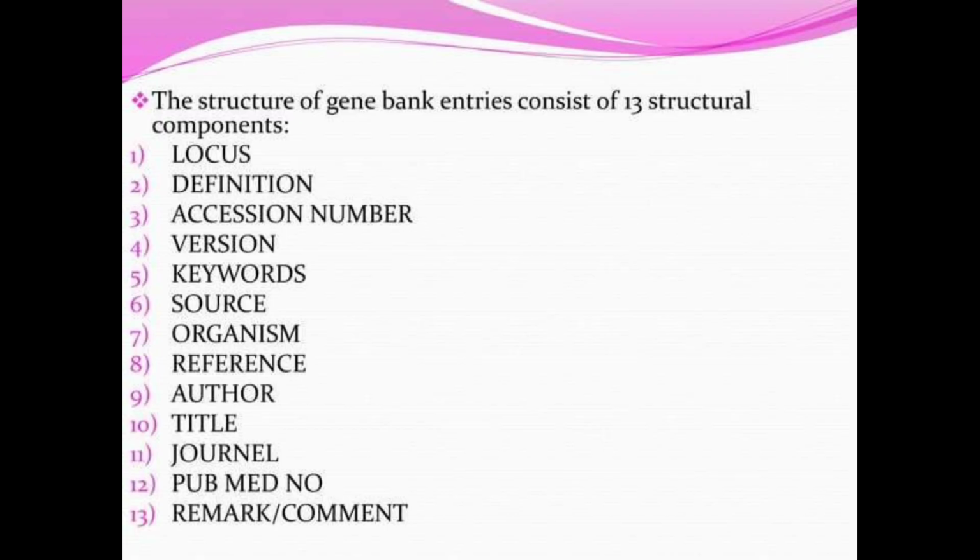The structure of a GenBank entry consists of 13 structural components such as locus, definition, accession number, version, keywords, source, organism, reference, author, title, journal, PubMed number, remark and comment.